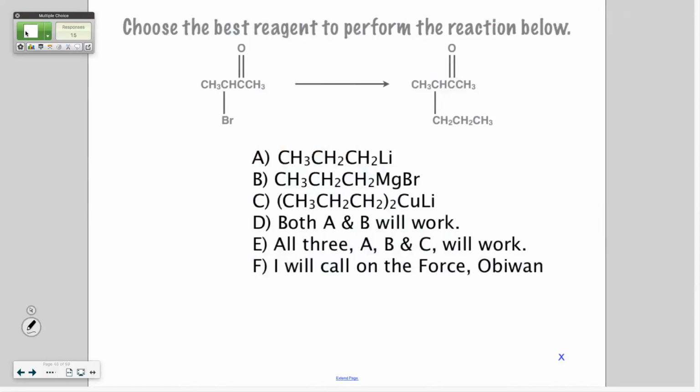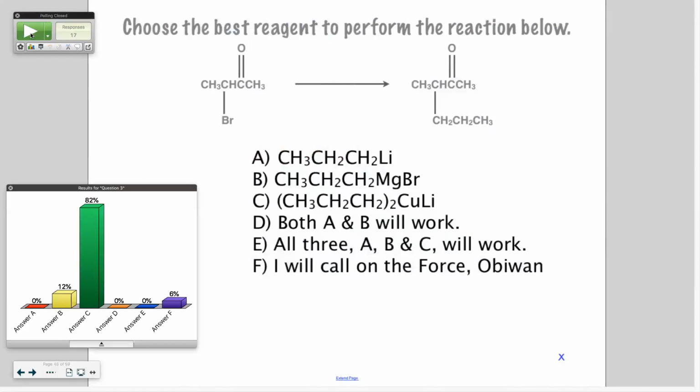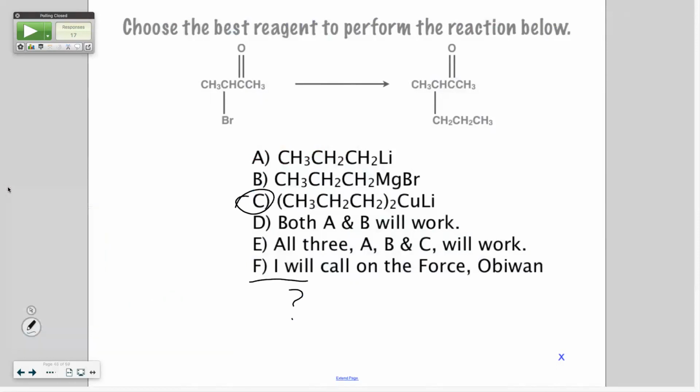How we doing? Got 11:50. Do we have 17? Yeah. All right. Yep, it's C. Somebody called on the force. Did it help you? Look, it's even purple.